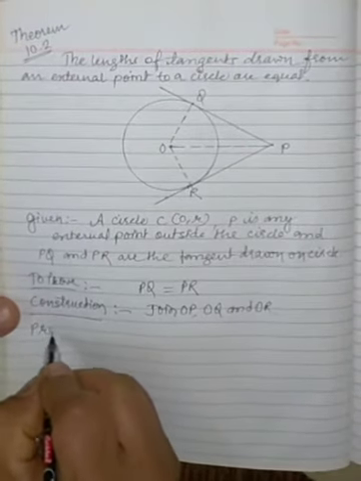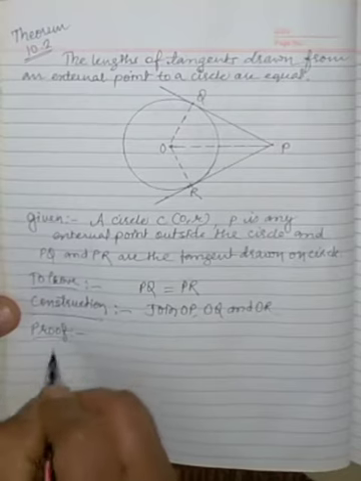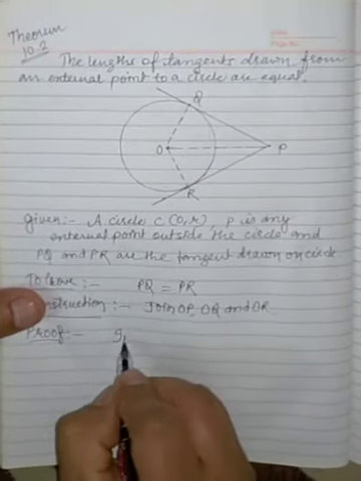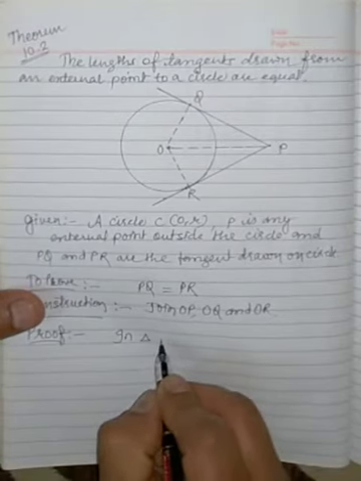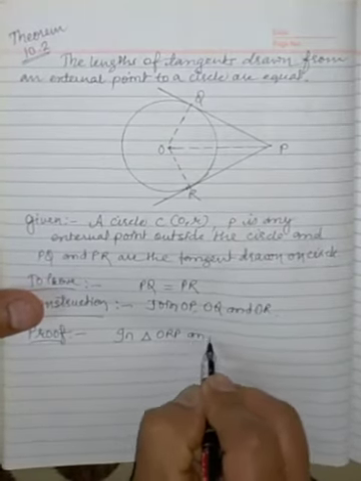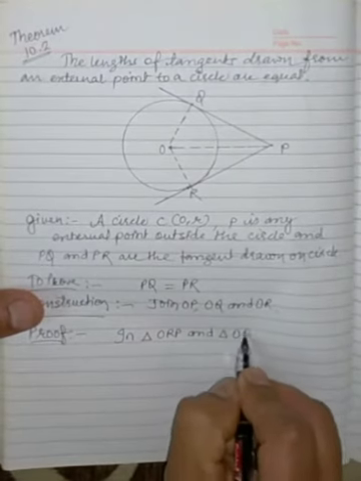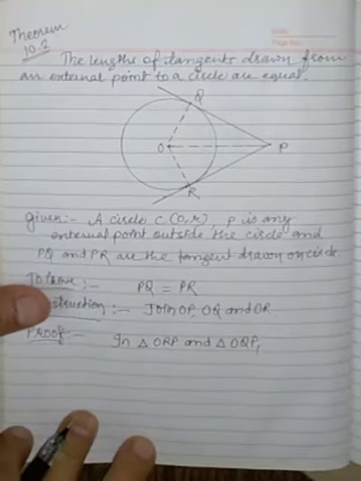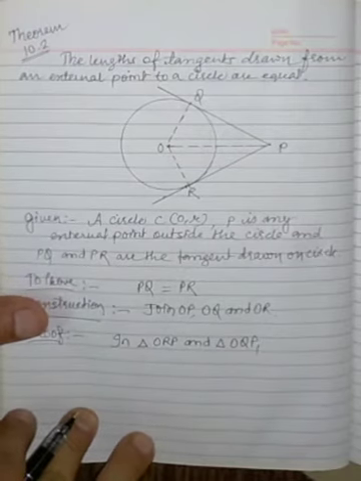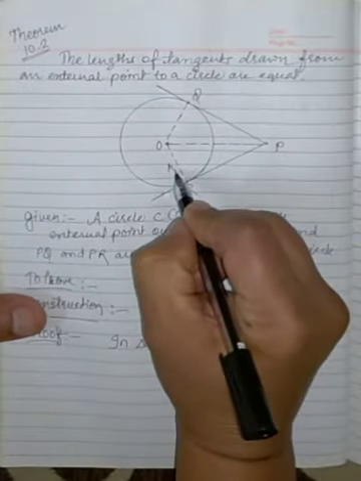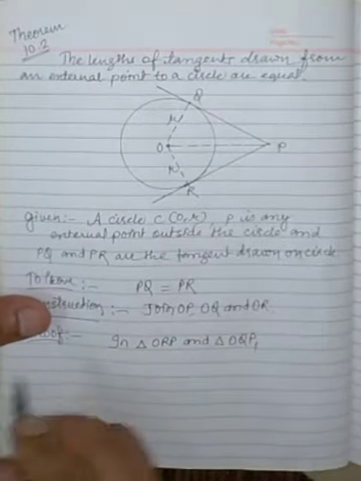Now let's give the proof. In triangle ORP and triangle OQP, we will try to prove these two triangles congruent. First of all, OR and OQ both are the radius of the circle.